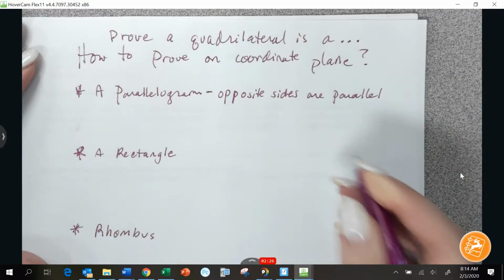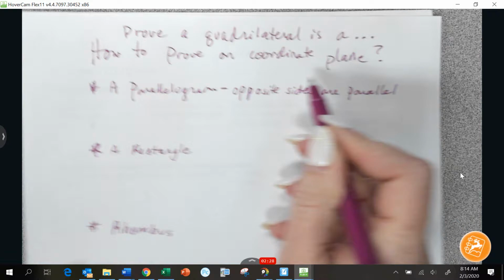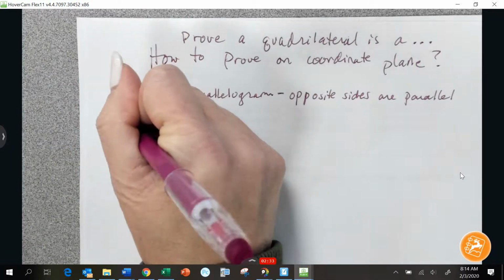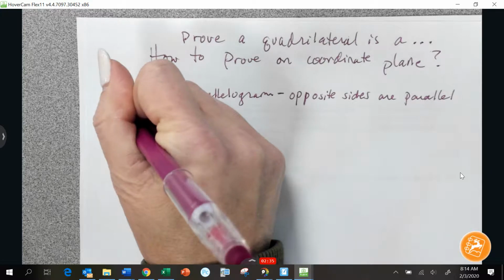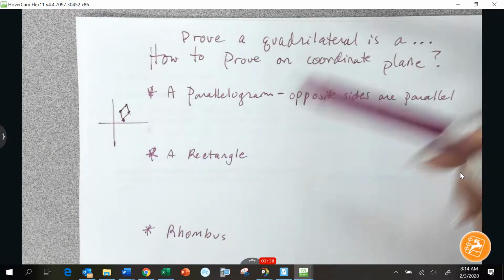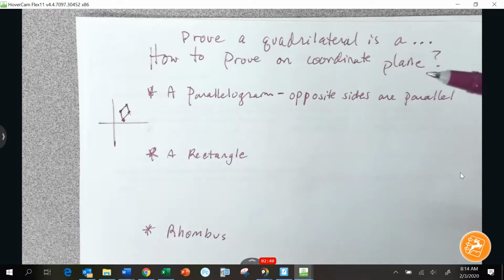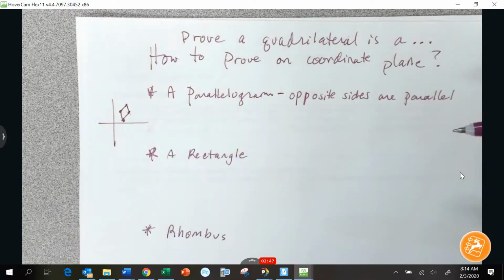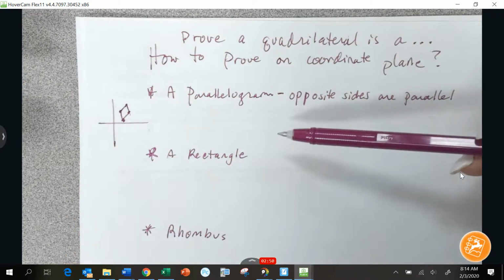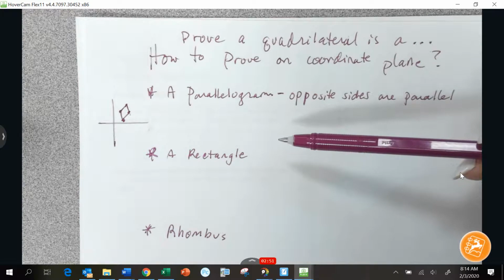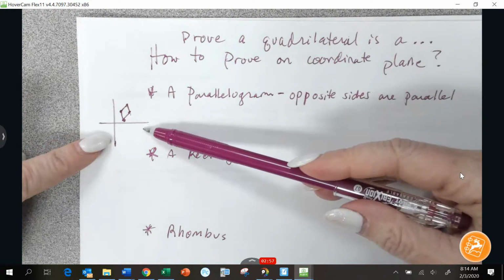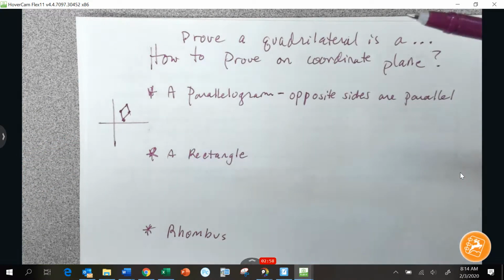So when I say on a coordinate plane, all of these have like a graph, and you're going to have some points. And you have to prove that this figure is a parallelogram on the graph. So if we need to show that opposite sides are parallel, how can we do that on a graph? What do we know about parallel on a graph, Aaron? Same slope.